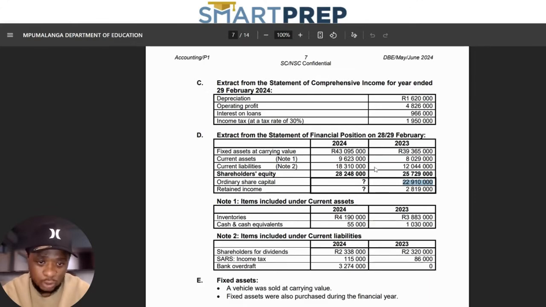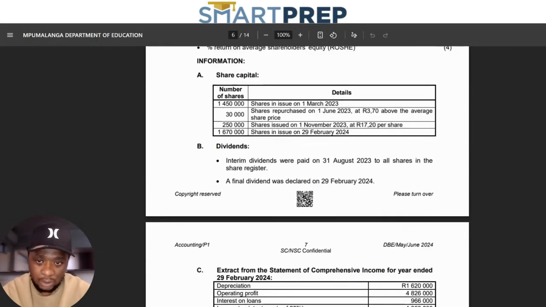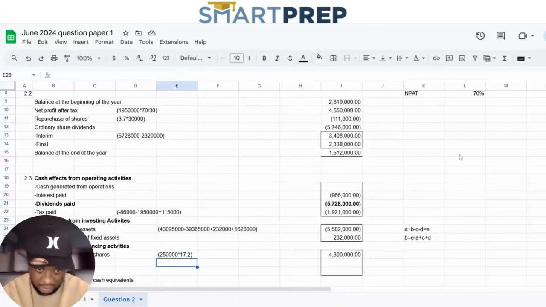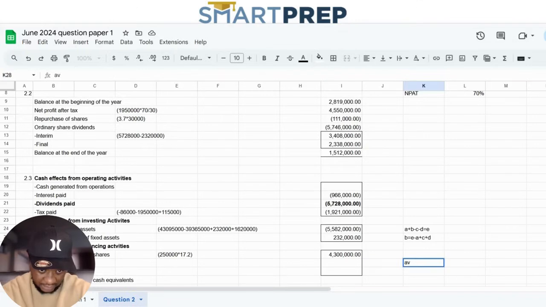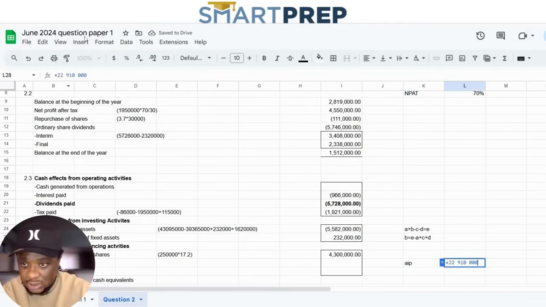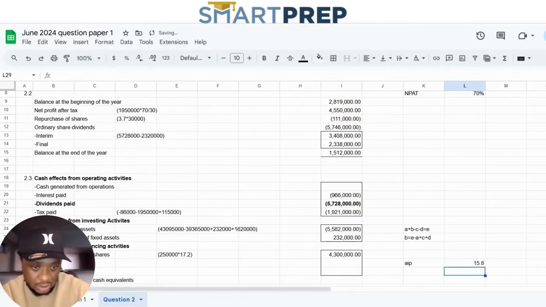So if you take that 22,910,000 and divide by the number of shares, that will give you the average. So that average issue price is 22,910,000 divided by 1,450,000. That works out to 15.8.